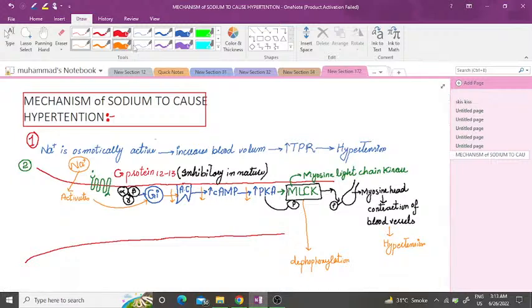Okay, now come towards another mechanism that is associated with a receptor system, and the name of that receptor system is the rho-kinase system.